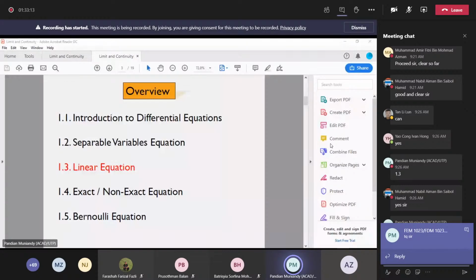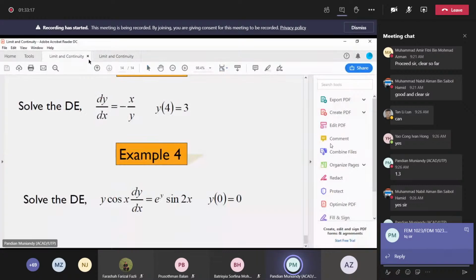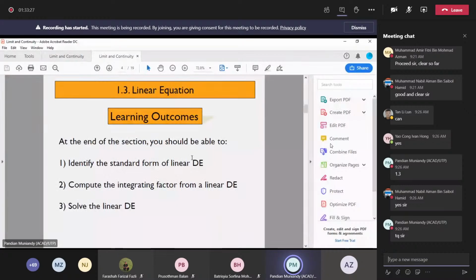Linear equation, see slide number 4. For linear equation, you have 3 items.